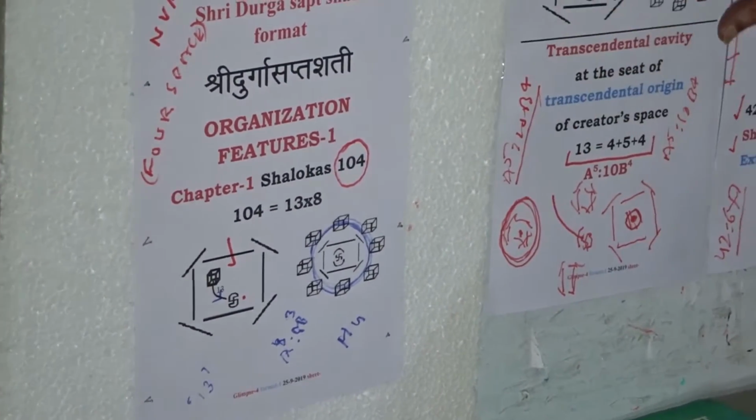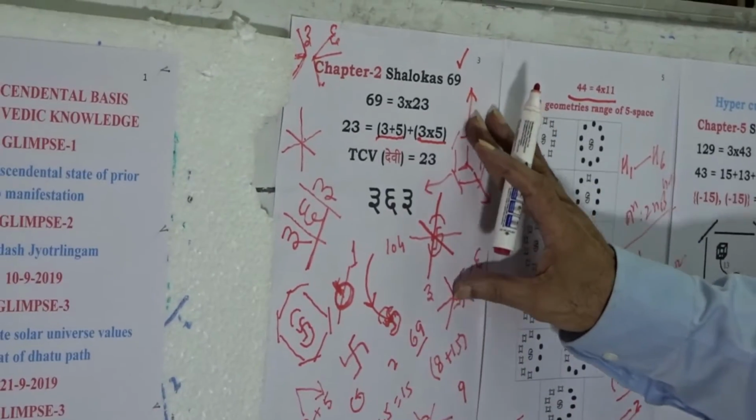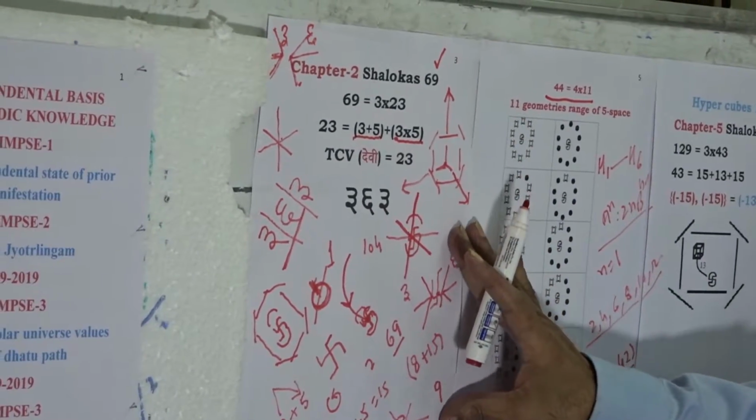And from here the transition to the value 69 for the shlokas range of chapter 2.